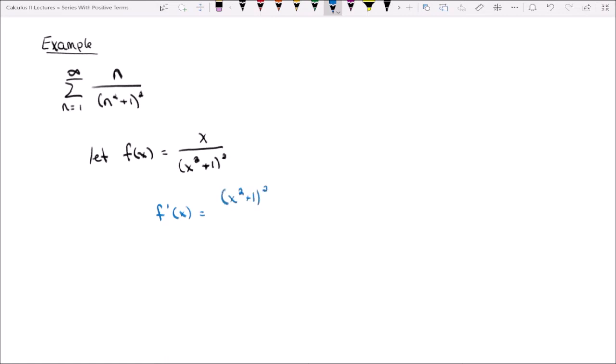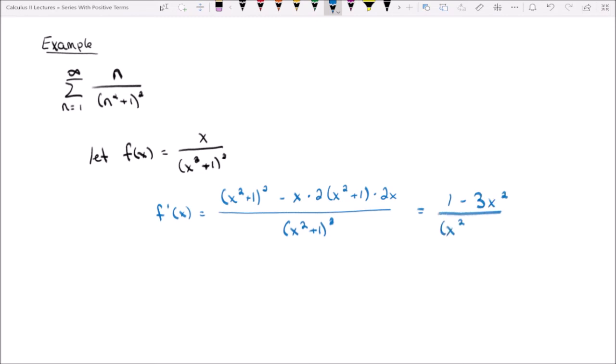So the denominator times the derivative of the numerator minus the numerator times the derivative of the denominator, all over denominator squared. After simplifying, we should get 1 minus 3x squared all over x squared plus 1 cubed.